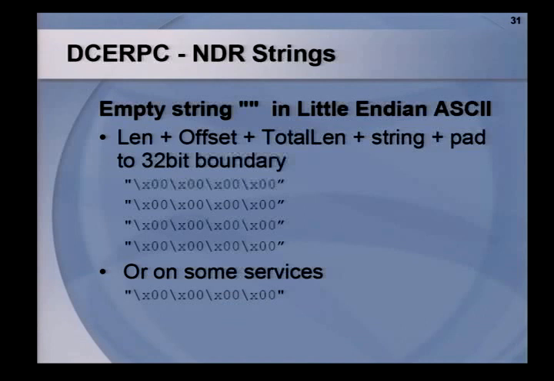A number of other services in DCRPC land will just send 4 bytes of null, saying, hey, my length is 0, and just skip it. So you have to know which version of the MIDL compiler they used to know how they're marshaling a null string, because most services you're not actually going to expect seeing a null. So the developers never hit the differences between the different MIDL compilers.